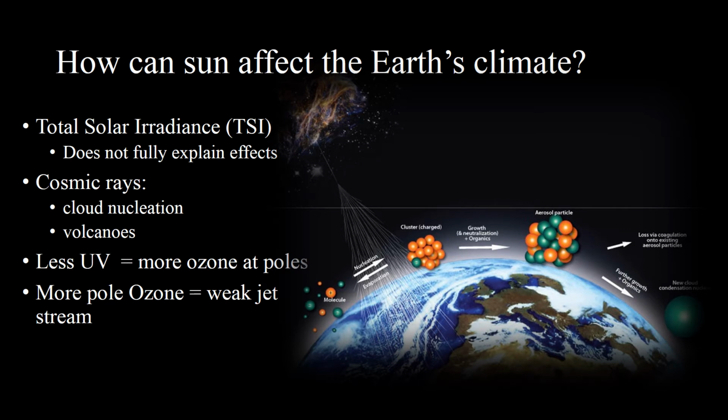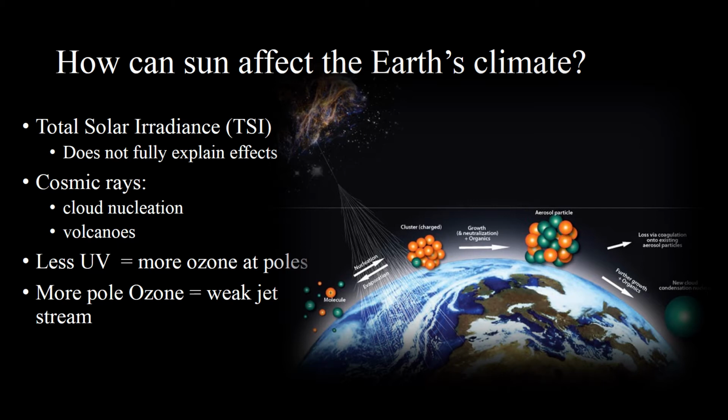In order to understand how the grand solar minimum affects the Earth, we have to understand how the sun can affect the Earth's climate. One way specifically it affects the Earth's climate is through total solar irradiance. So when the sun is less active, we receive less irradiance from the sun. But the amount of drop in irradiance is pretty small and does not fully explain the effects that we see during these grand solar minimums.